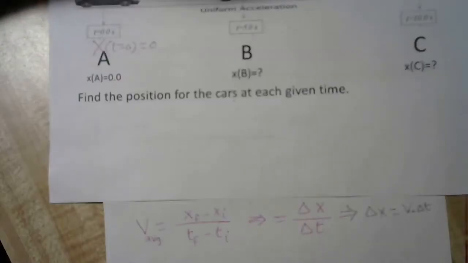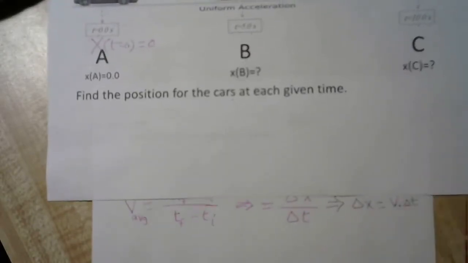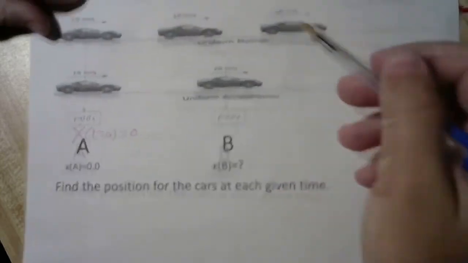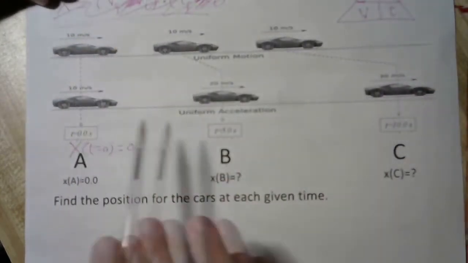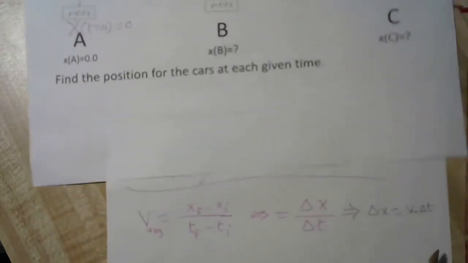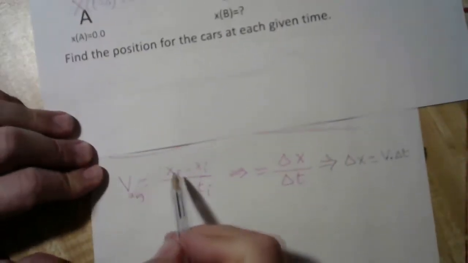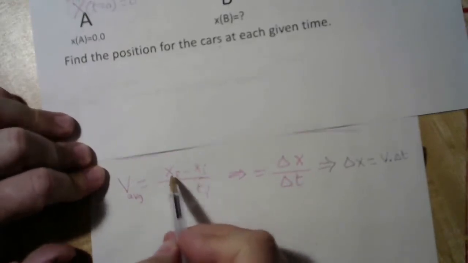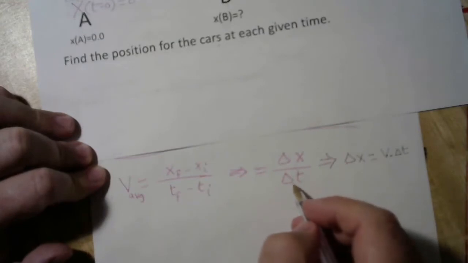Okay, for the first car, now I will start to calculate the position. I have the velocity and I have the times. I know the law of velocity. Velocity, or average velocity, is equal to the change in position divided by the change in time.